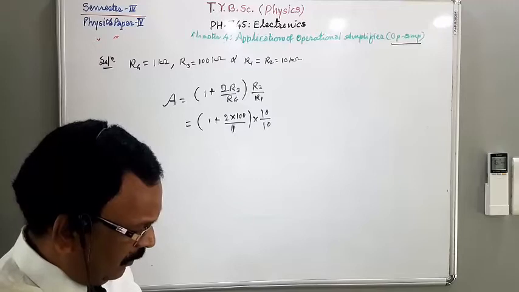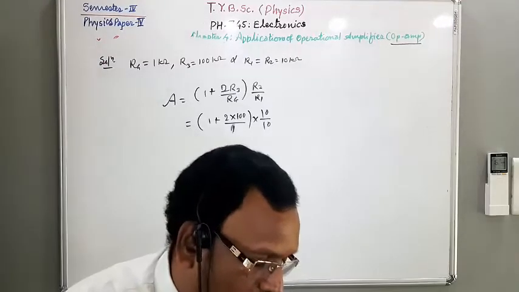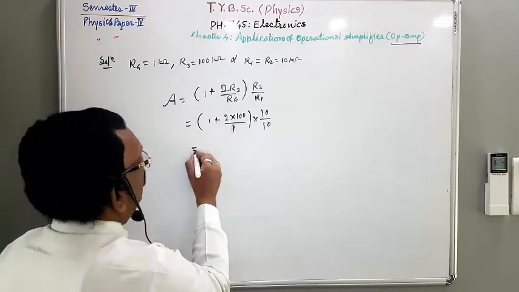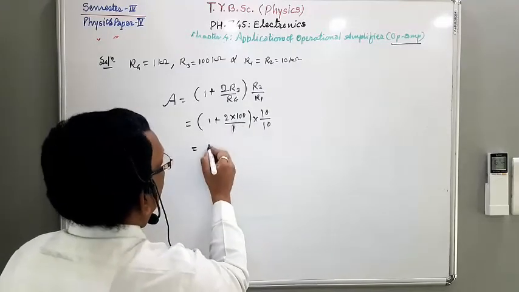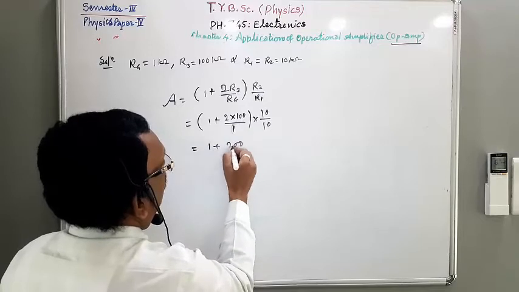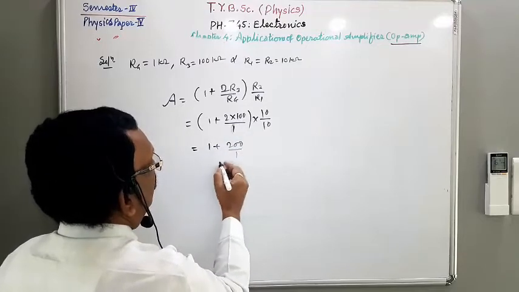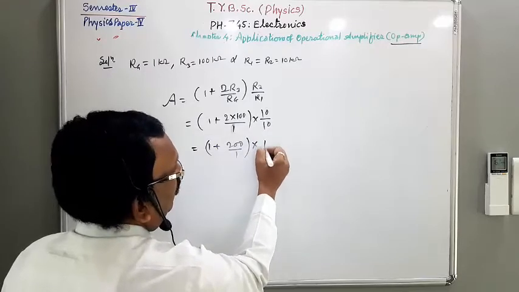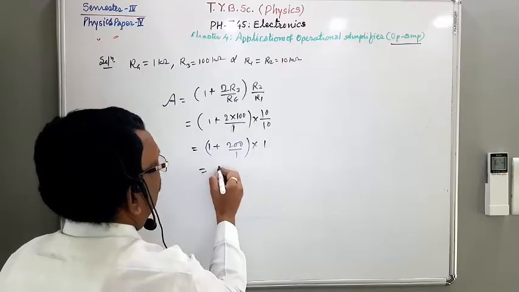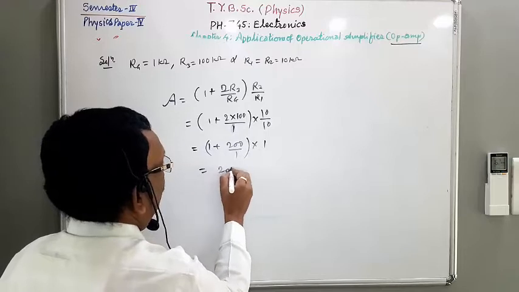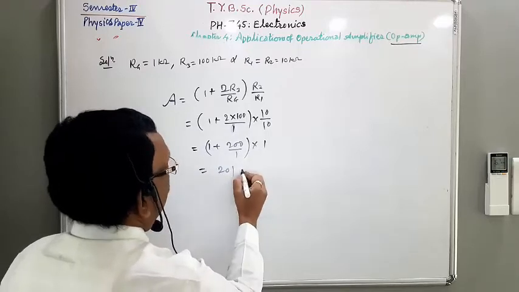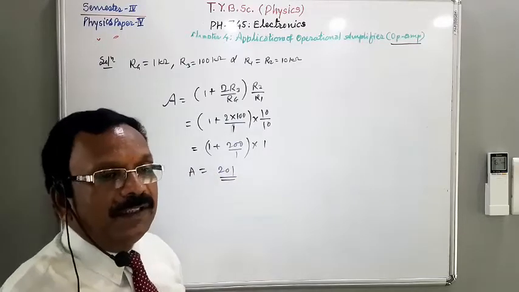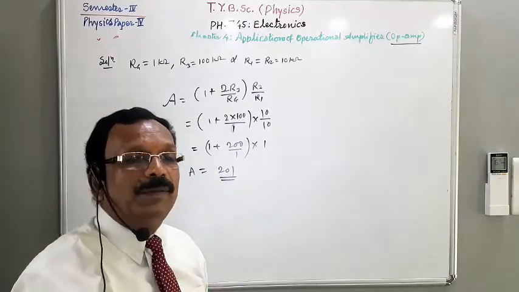By default it will be minus, but it should be plus. So 2 into 100, 200 upon 1, is 200, plus 1, 201. This is the gain. Gain has no unit because it is the ratio of output voltage to input voltage.